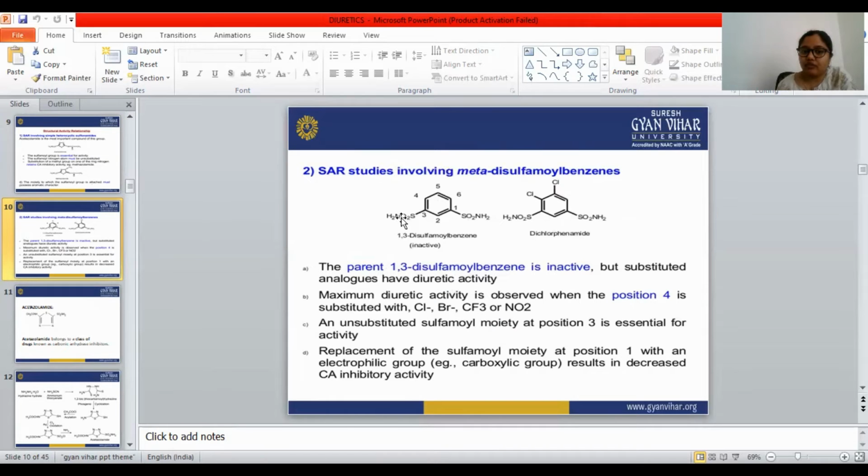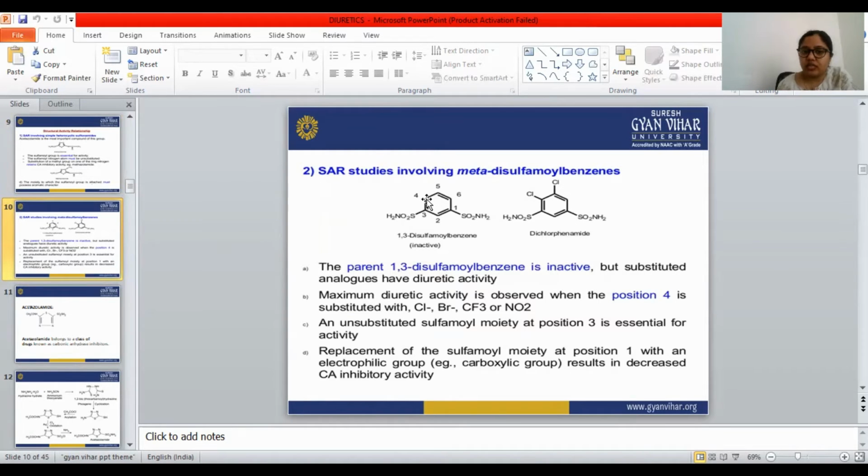Disulfonyl benzene is inactive, but substituted analogs have diuretic activity. If we are introducing a chloride in this structure, that becomes active. The maximum diuretic activity is observed when position 4 is substituted with Br, Cl, CF3, or NO2. The first position is here, and we count from here 1, 2, 3, 4.